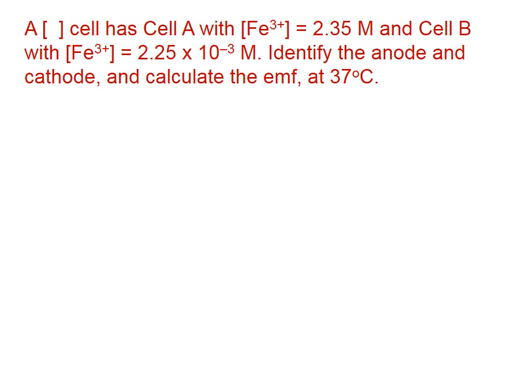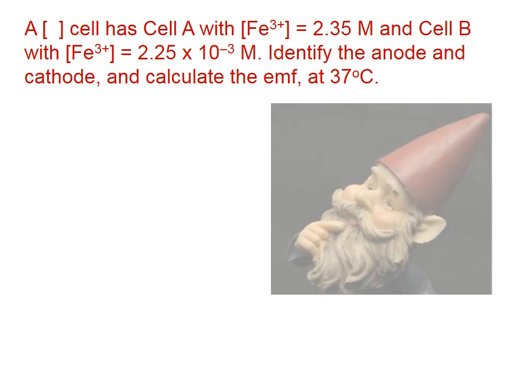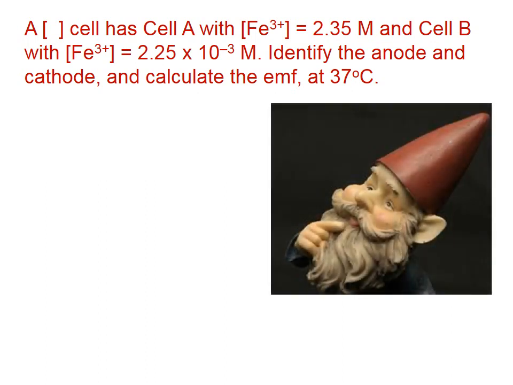A concentration cell has cell A with iron 3 concentration being 2.35 molar, and cell B with iron 3 concentration being 2.25 times 10 to the negative third molar. Identify the anode and the cathode. Calculate the EMF at 37 degrees Celsius. Here's what we note.